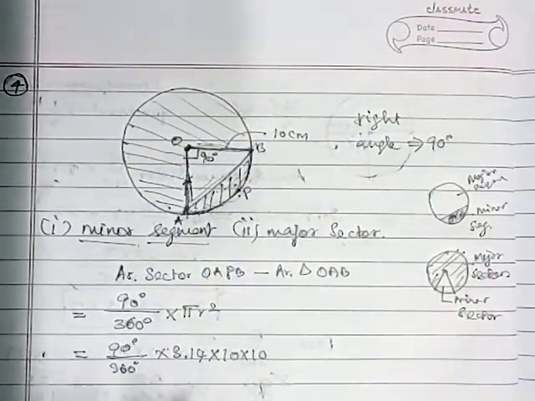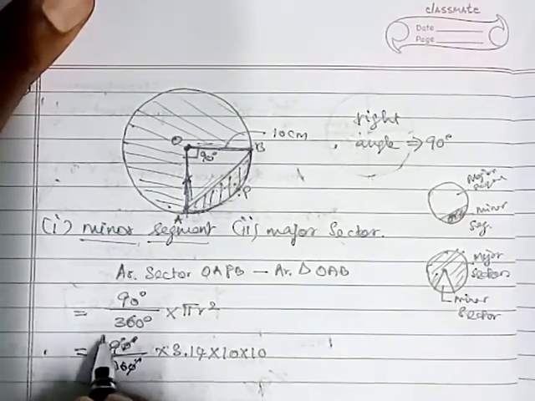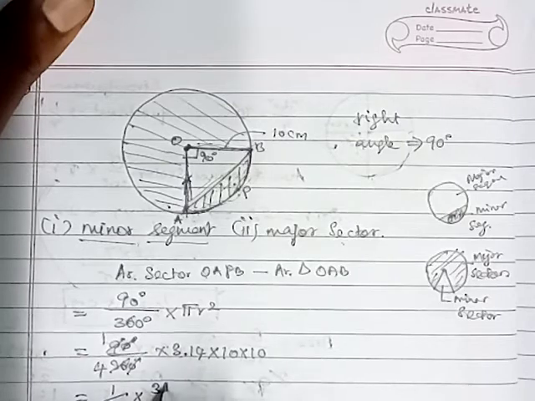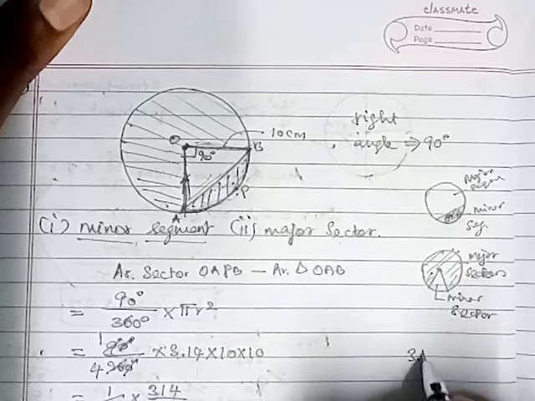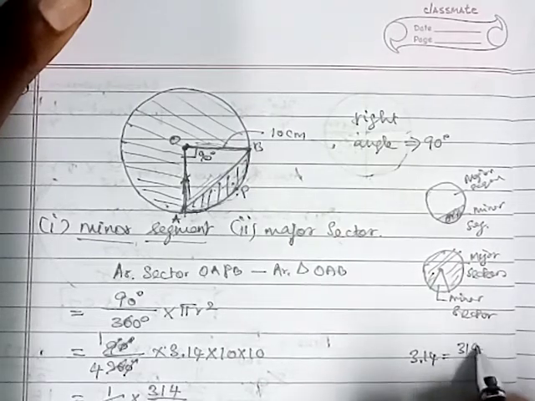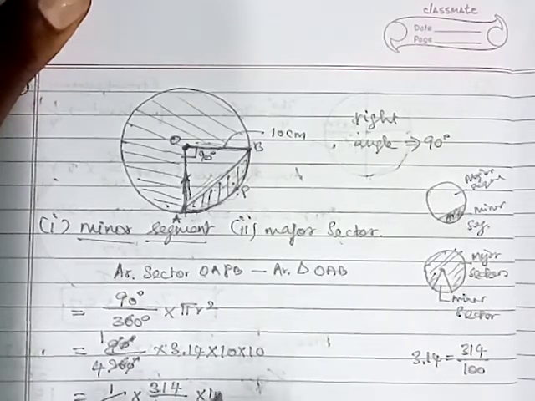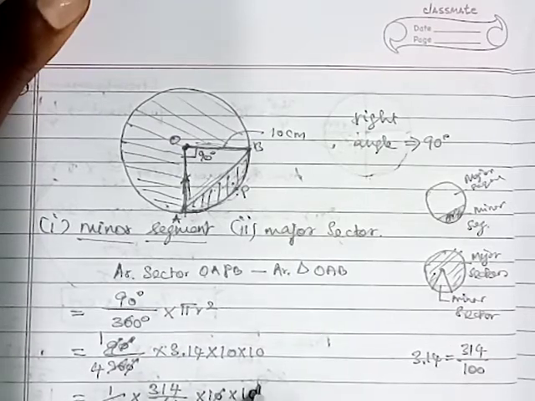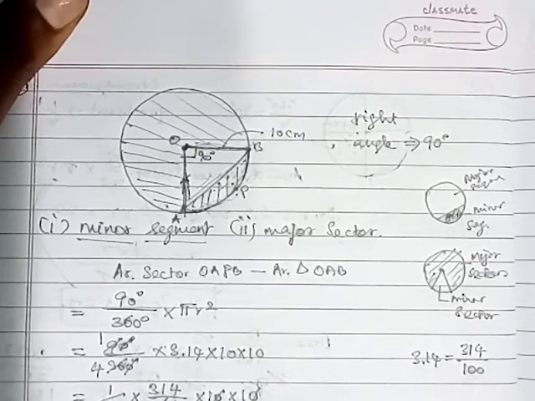Okay, now you can cancel this 0 and 1 9 is 9, 4 9s are 36. So 1 by 4 into, you can write it like this, 314 divided by 100, right? Because 3.14 can be written as 314 divided by 100. Okay, it is for the calculation purpose. So you can cancel this 0, and this is 314 by 4.